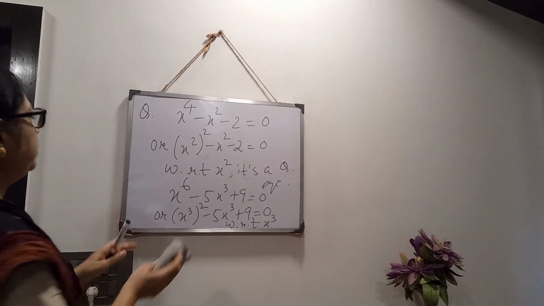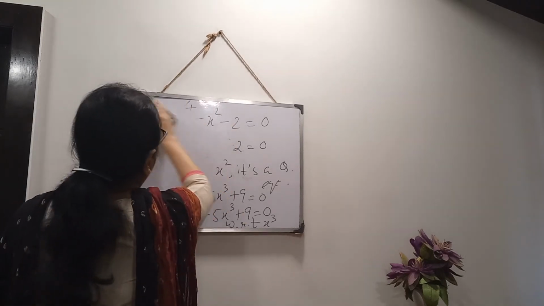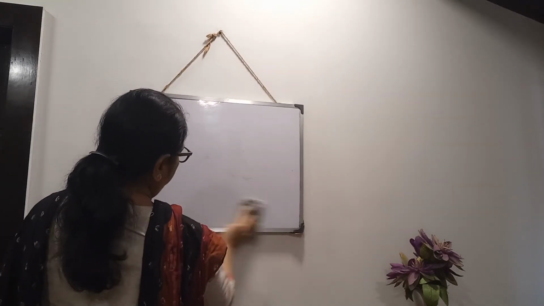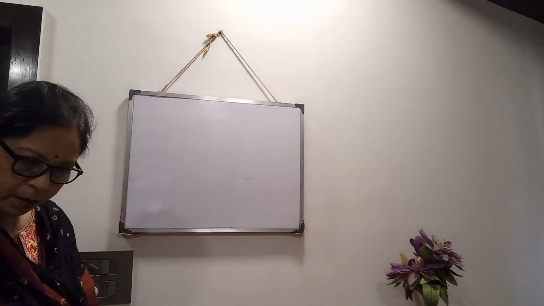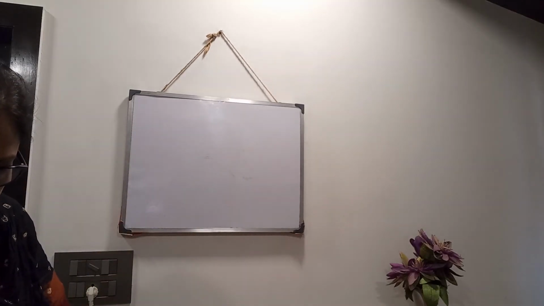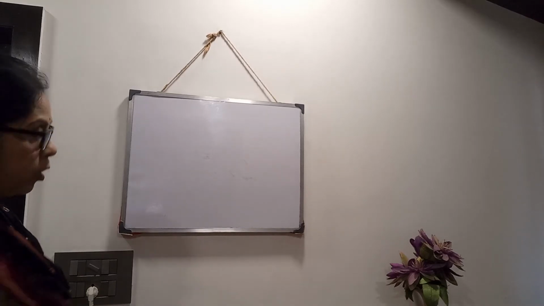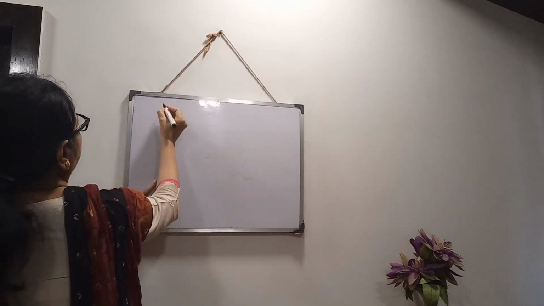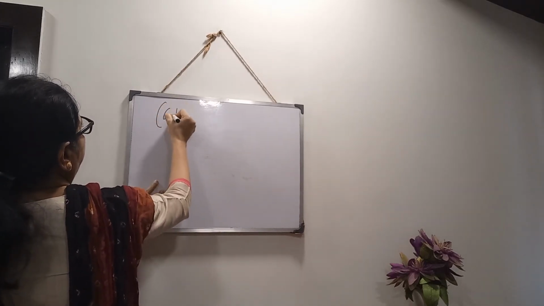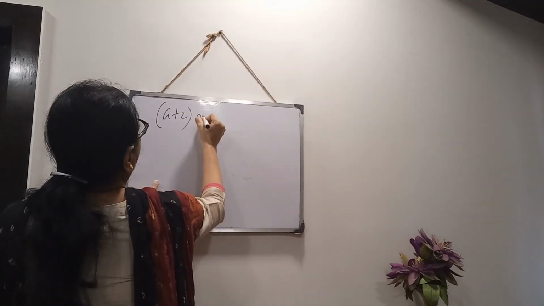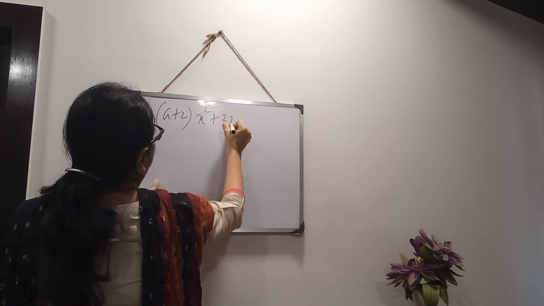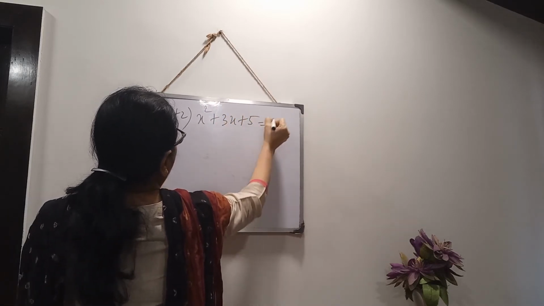Now next one, if this type will come from reference book, I am doing this part. Under what condition is the equation a quadratic equation? Listen properly. First I am writing a plus 2 into x square plus 3x plus 5 equals to 0.